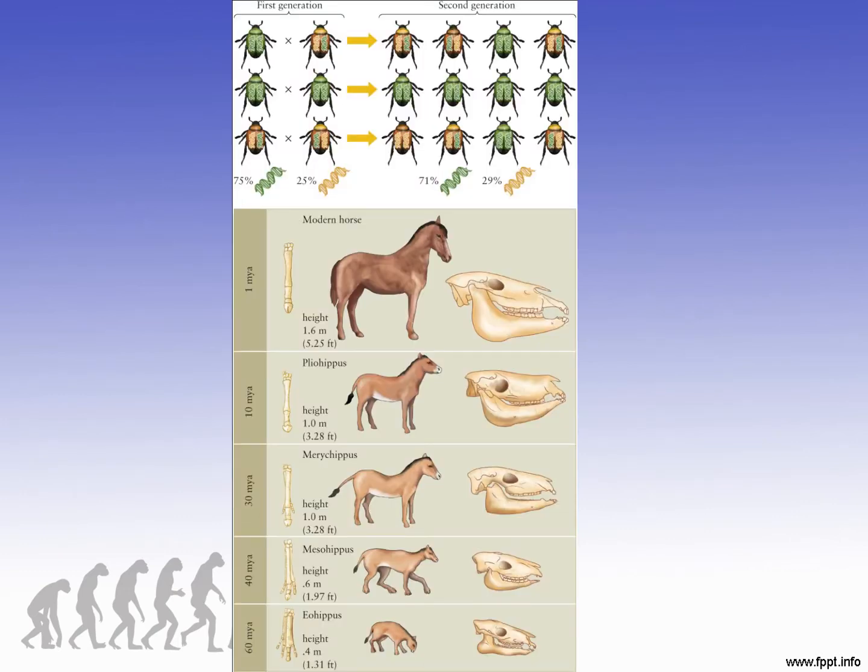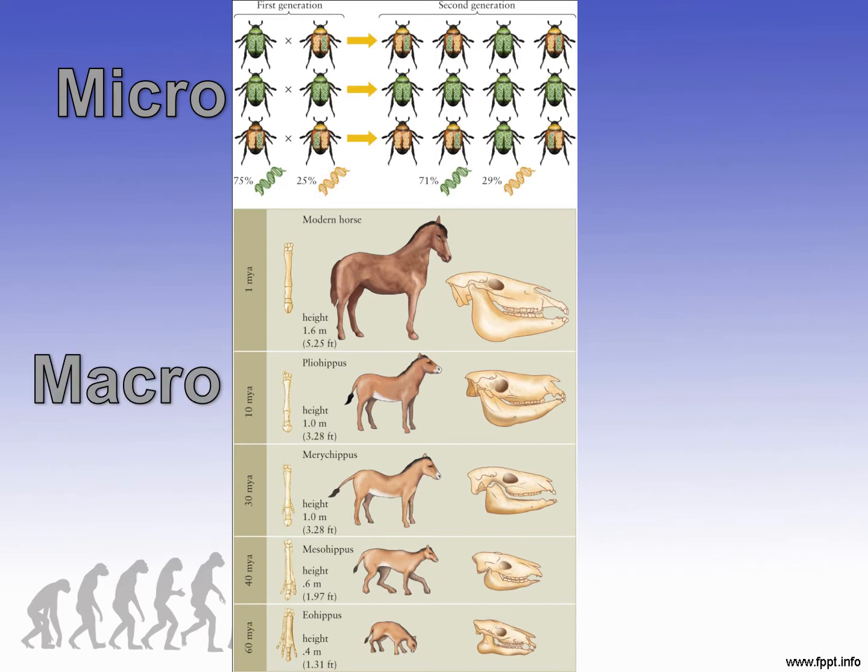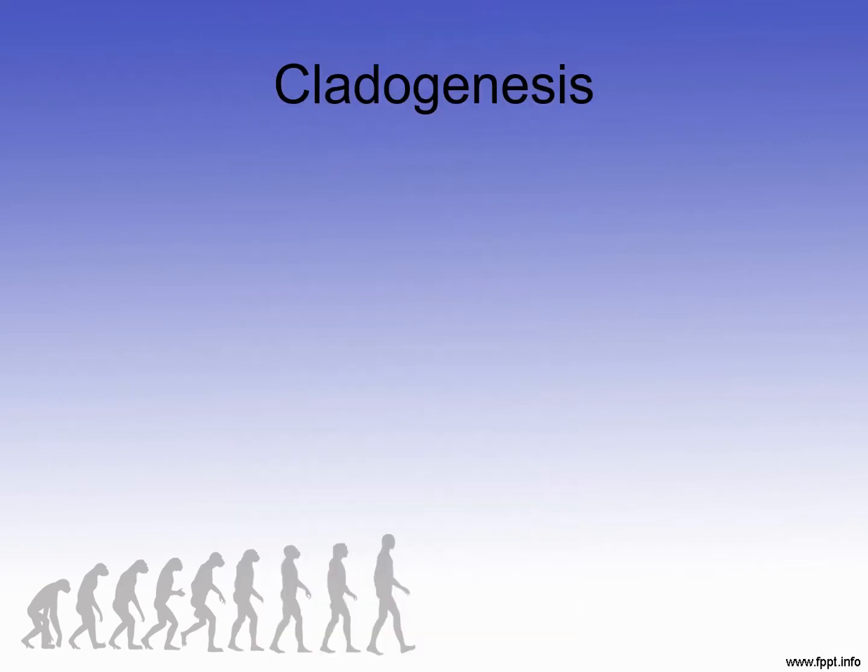So you can think about it this way. If we're looking at the change in the carapace color for some beetles from one generation to the next, we're looking at microevolution. If we're looking at how horses started out as a creature that had fingers, essentially, or paws, to a creature that has a single hoof on each foot, we're looking at macroevolution.